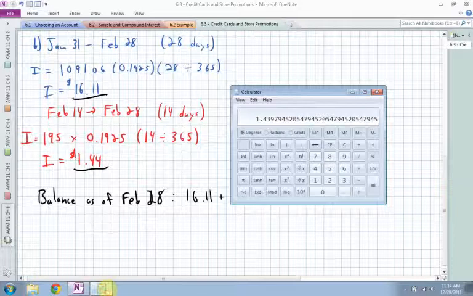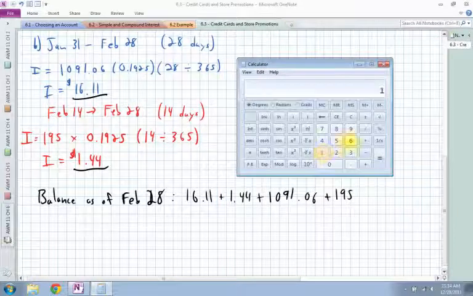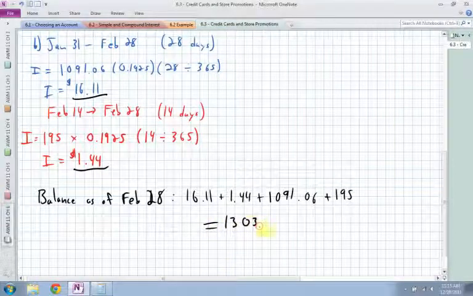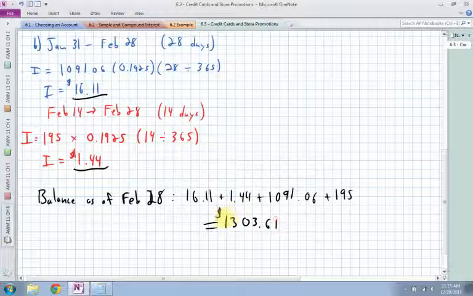So all we have to do is add all those values up. So we have $16.11 plus $1.44 plus $1,091.06 plus $195. So $1,303.61. $1,303.61 he will owe as of February the 28th.